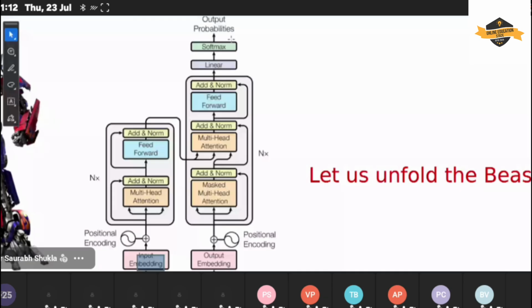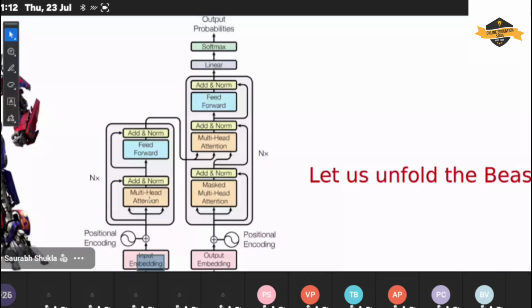Why transformer? Because it has multi-head attention. It can give attention parallelly to different words, 1, 2, 3, 4, parallelly, vertically. It becomes a very fast process, very fast in generating the language, where other neural networks are a bit slow.